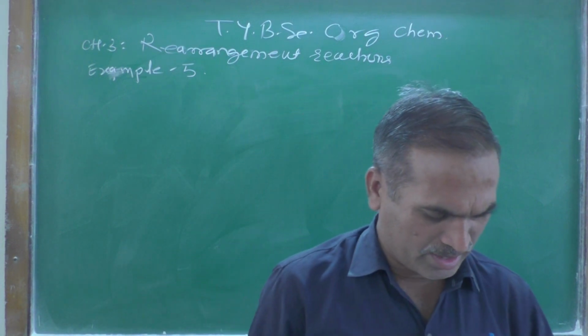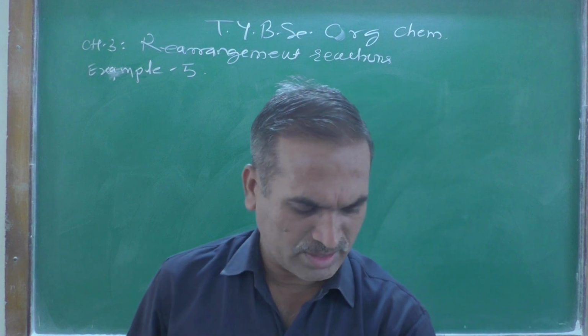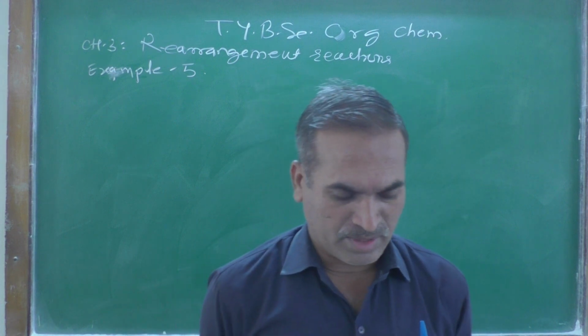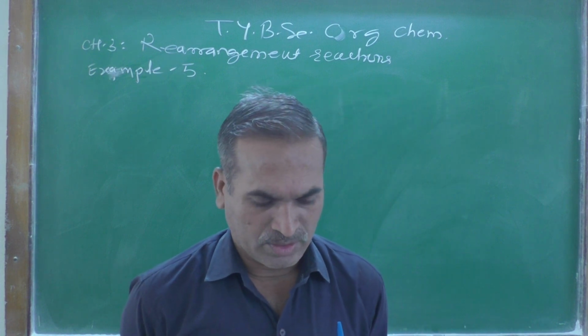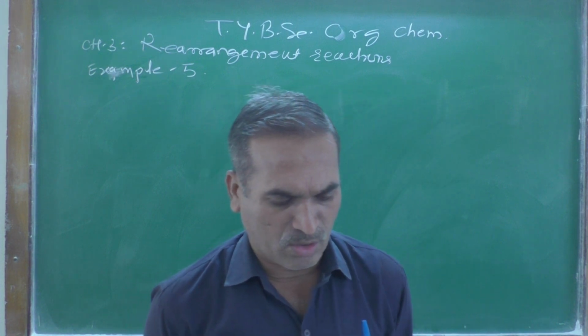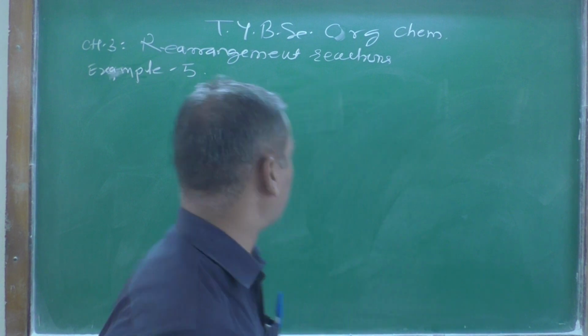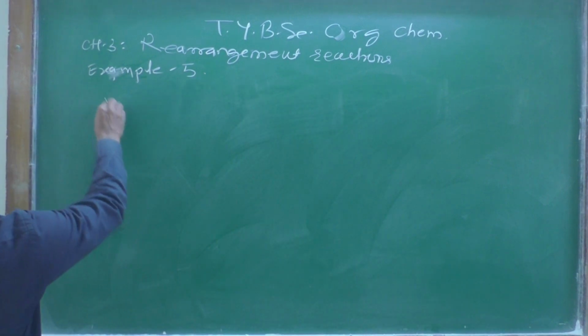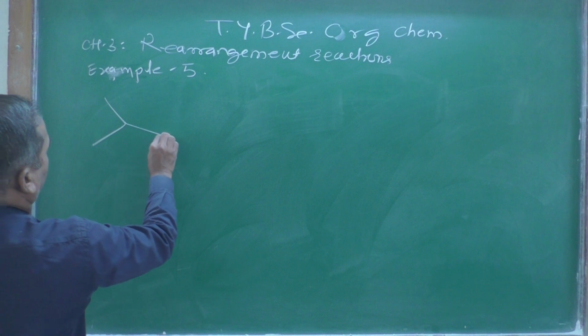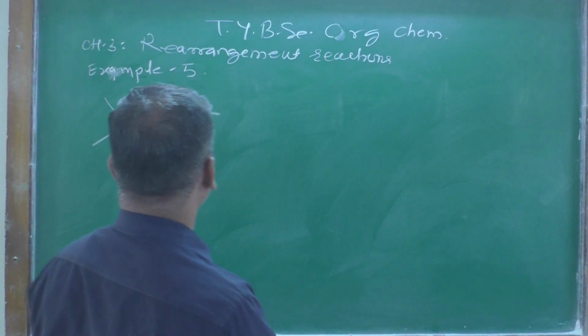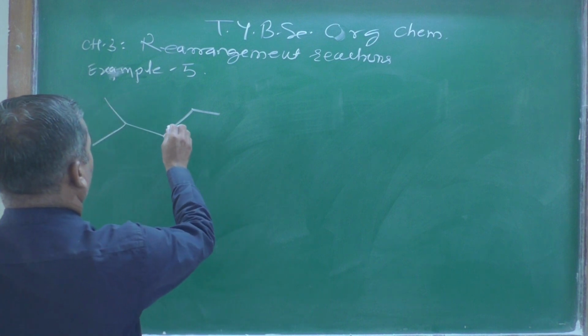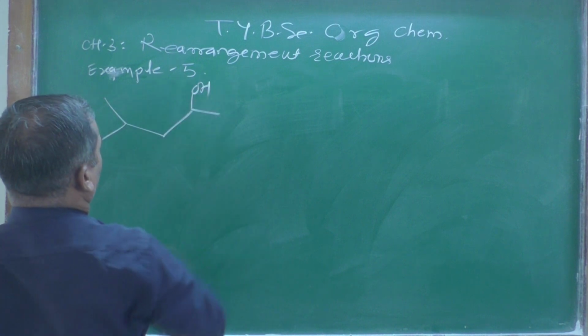By hydride shift, the primary carbocation gets converted to a secondary carbocation followed by loss of H plus. Let us see, the example is given like this. So here OH is written over here.